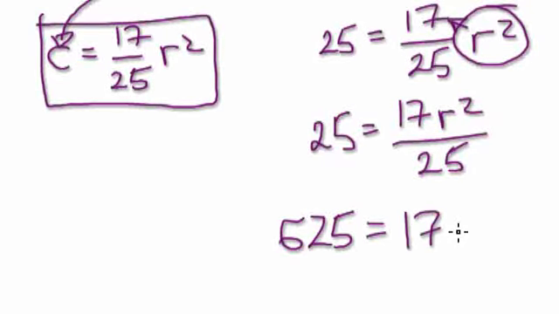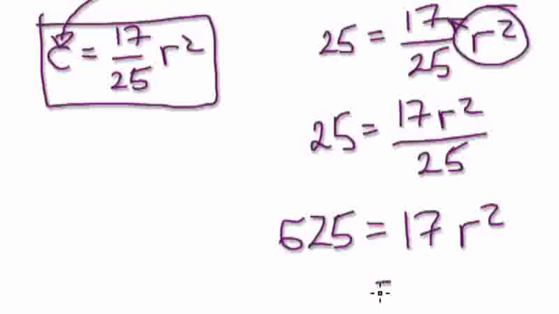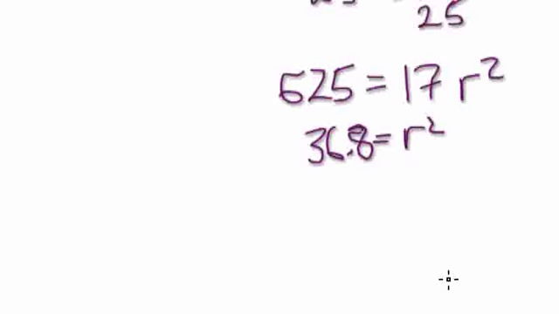So 625 equals 17 r squared. Divide both sides by 17, which gives 36 point something, let's just round off to 36.8, equals r squared. Now square root both sides.